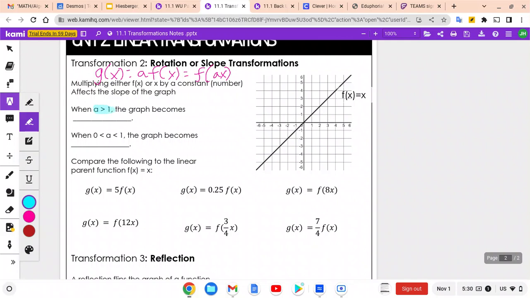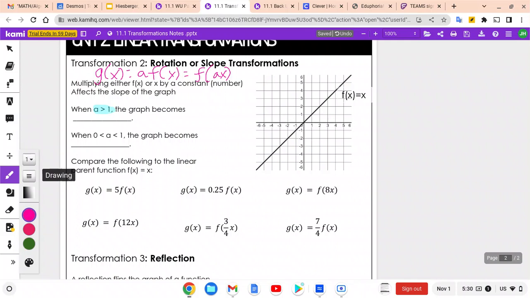If a is greater than 1, then the graph is going to become steeper. However, if a is smaller than 1 but still greater than 0, then the graph becomes less steep.